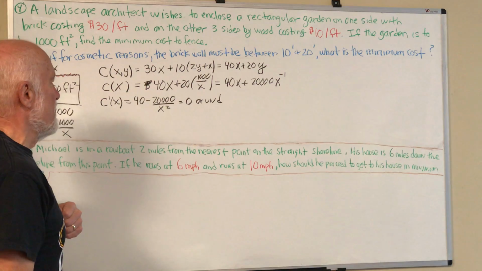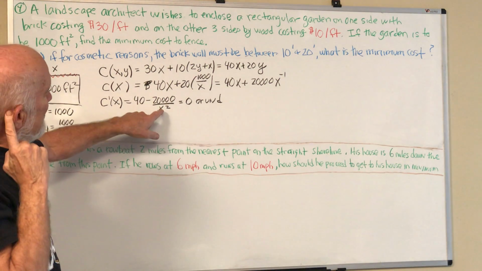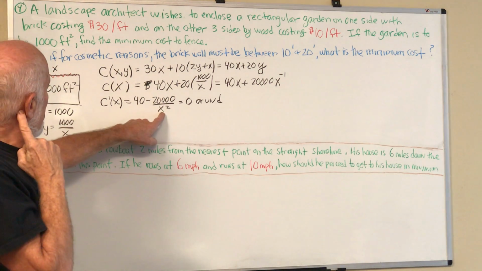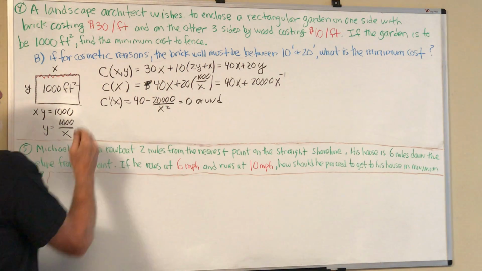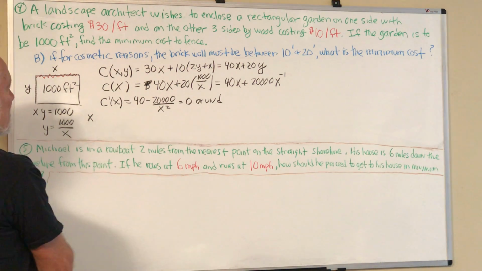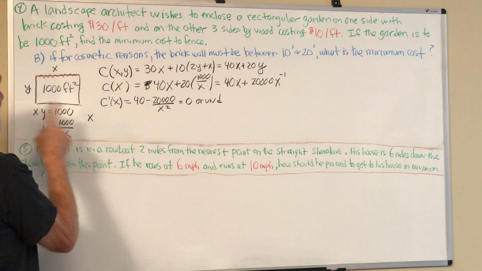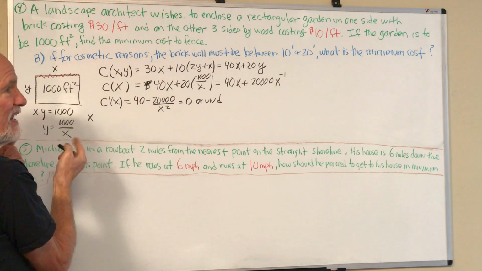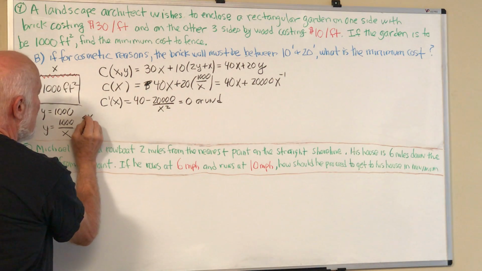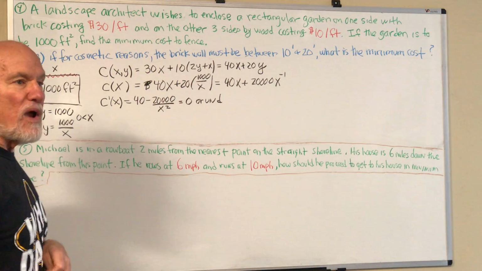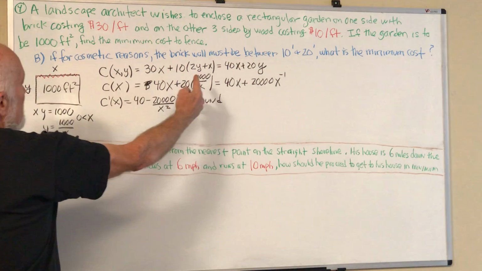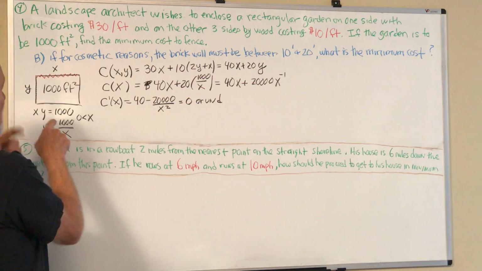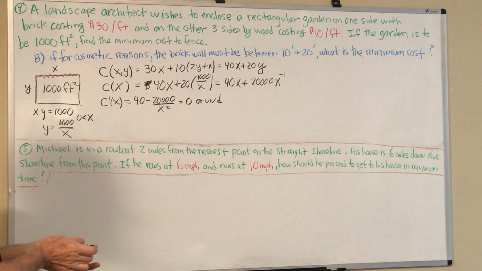critical values. Well, you can't divide by 0, but I think we should get a domain for this. What do we know about X? You can't have negative amount of fencing, and you really can't have 0 and still have a garden. So I think X has to be greater than 0, and you probably don't want X to be like 1,000,000 feet, but there's nothing really restricting you from doing that.